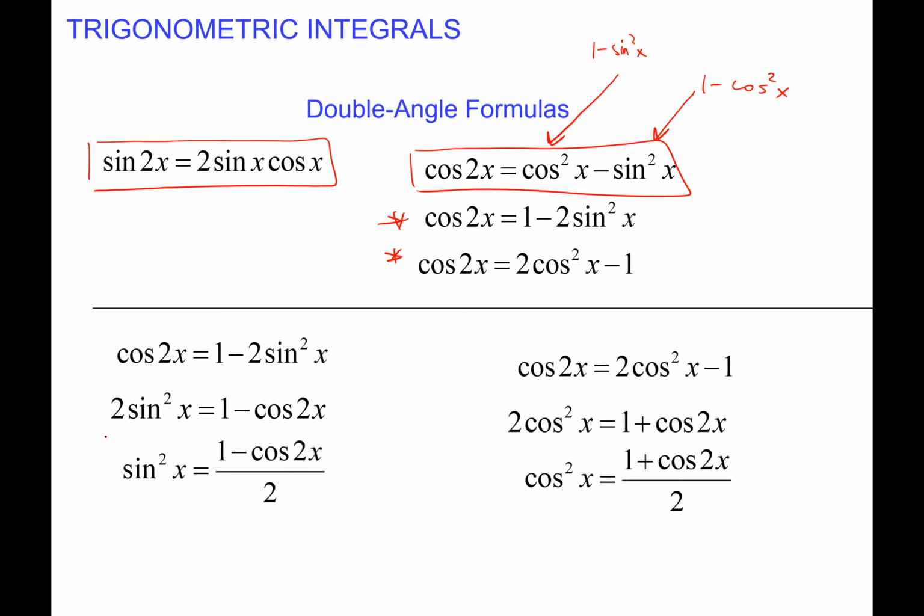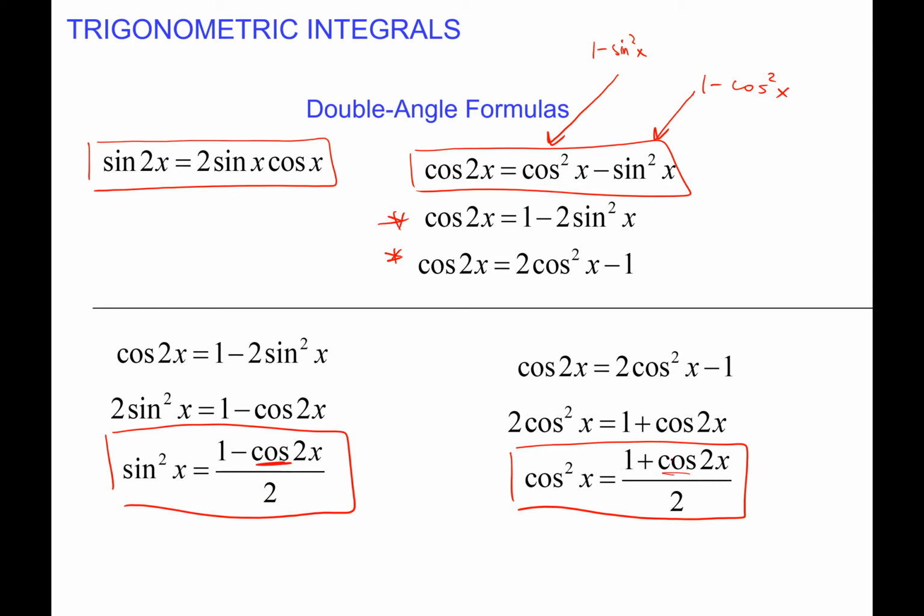So we can see sine square of x can also be rewritten as 1 minus cosine of 2x over 2, and cosine square of x is almost identical. Please note that for both of them, we have the function cosine on the right-hand side, and for the sine square, we have minus, for the cosine square, we have plus, but they are the same formulas.